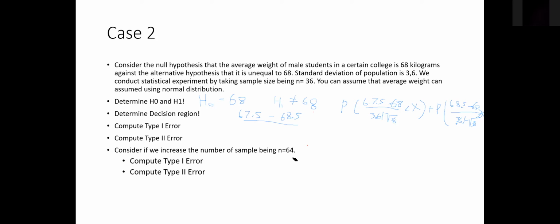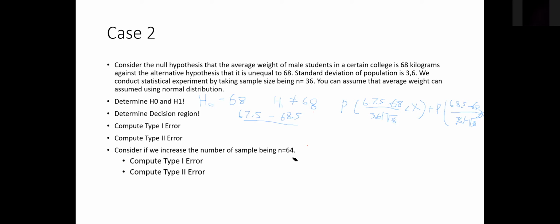So that's why we use the average is 68, but for the X, we choose a value below 67.5 or above 68.5, or outside the region of accepting null hypothesis.